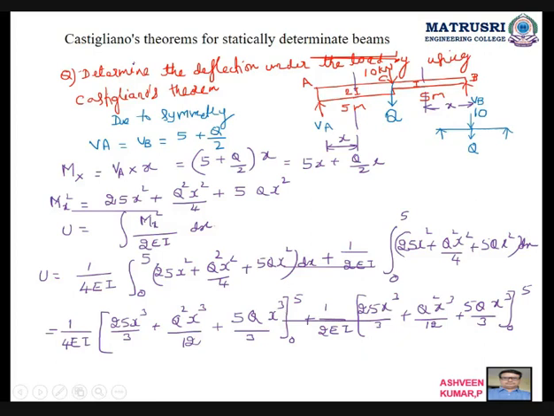I am taking deflection at C is equal to dou U by dou Q, Q tends to 0, right? So if I am doing differentiation, this is constant, 0, this will come 2Q, this also will become 0. Only Q terms I told to consider. So what is the differentiation of Q with respect to Q? 1. So 5x cube by 3.